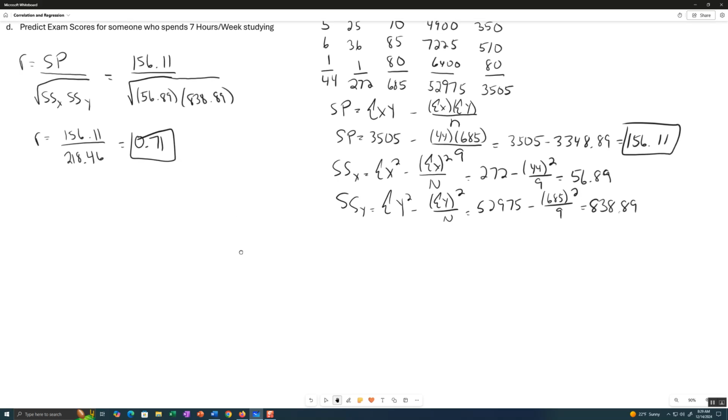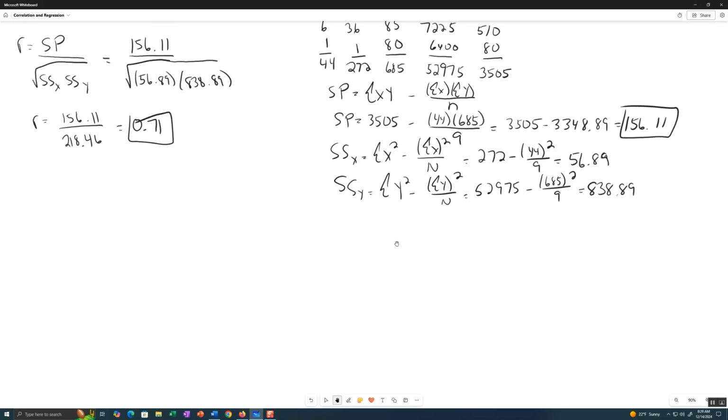So let's do the regression now. So regression is prediction. So I'm predicting exam scores based on study hours. So let's do that. So I know that the regression line is Y predicted equals bx plus a, where b is the slope and a is the y-intercept.